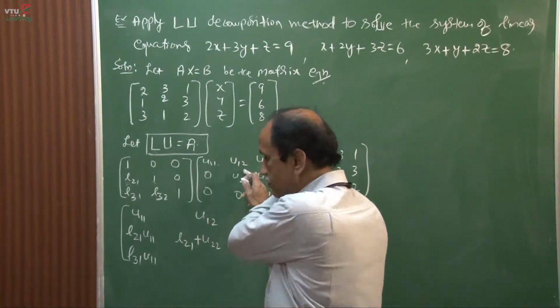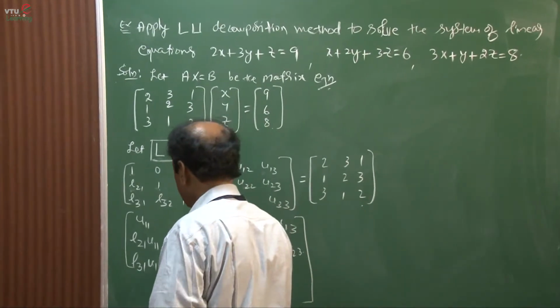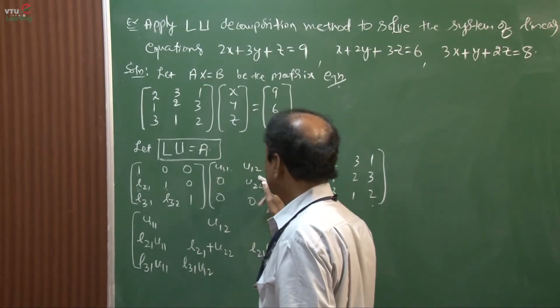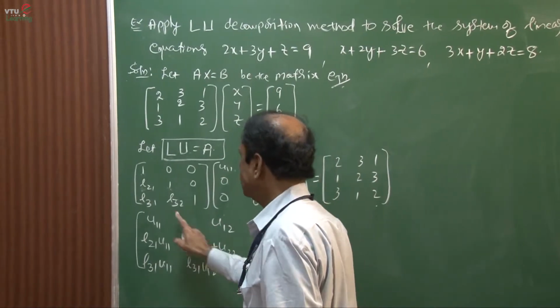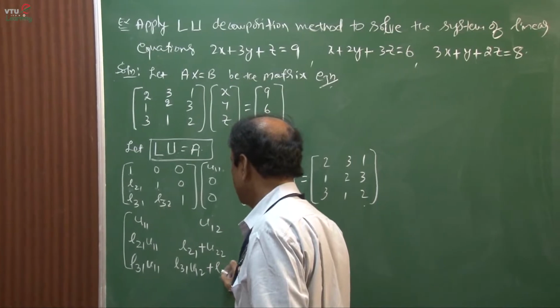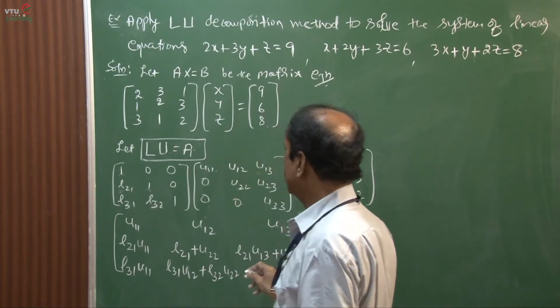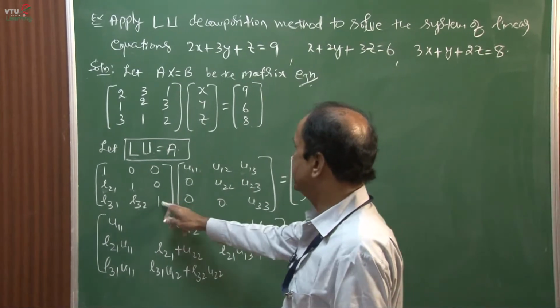Now, L31 into U12 plus L32 into U22. Now, the next one is 1 into 0.